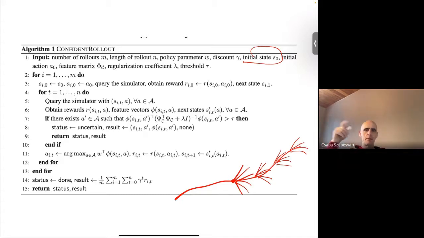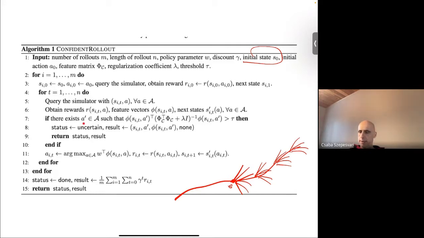So those are all different actions. And we're going to check. So we came so far, it is a state. We're trying all the different actions, and we see whether the corresponding feature vector is something that would surprise us.